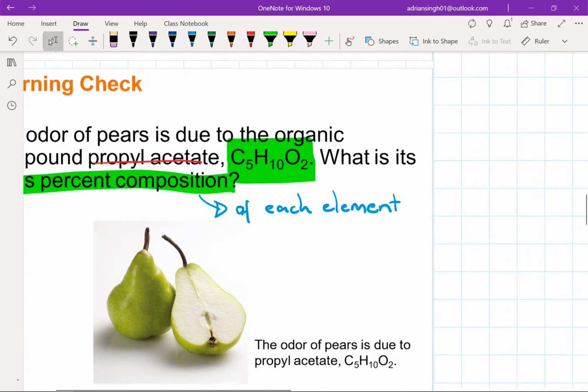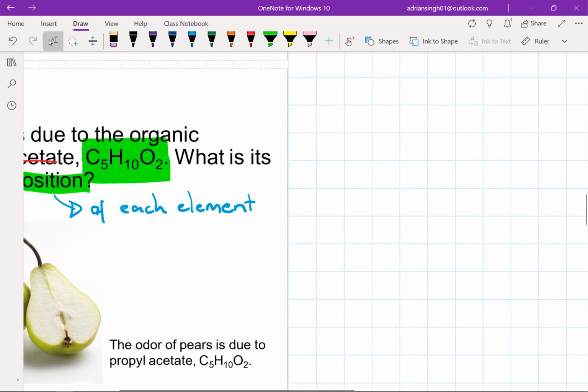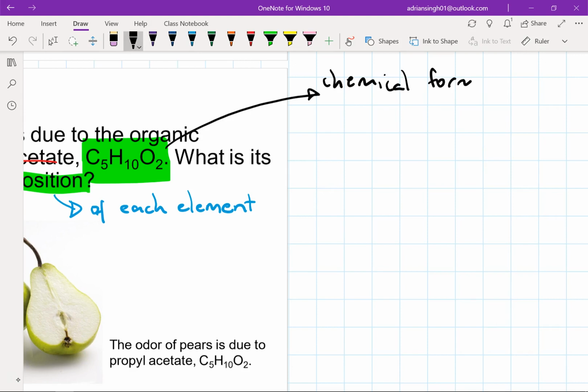What we're given here is the chemical formula for this compound, and it's C5H10O2.